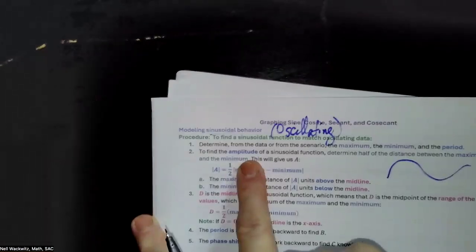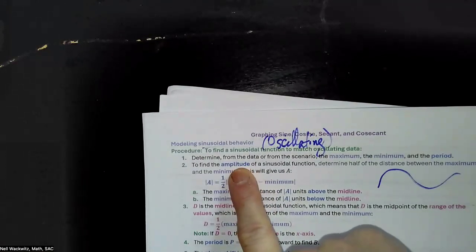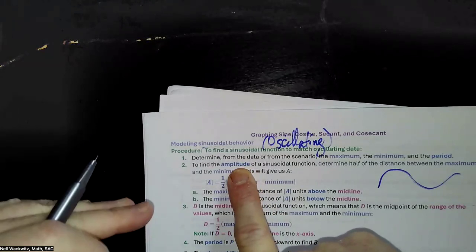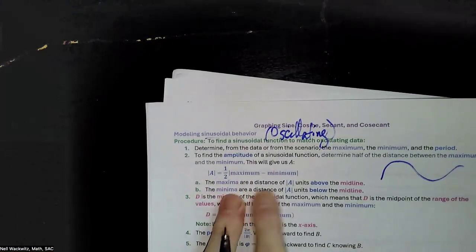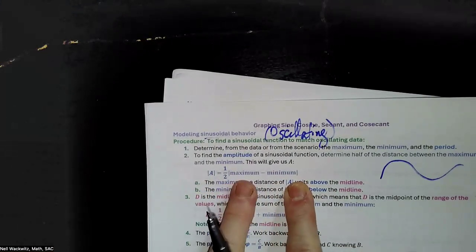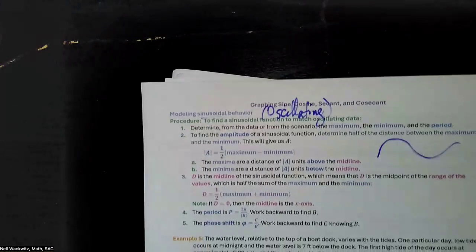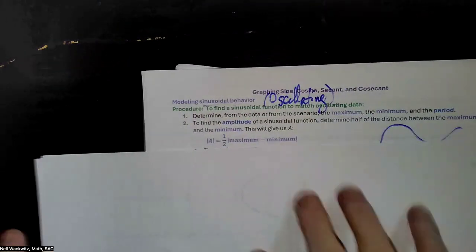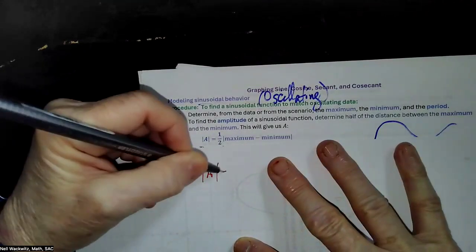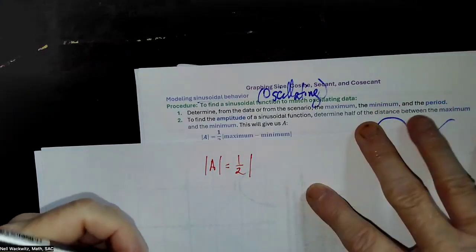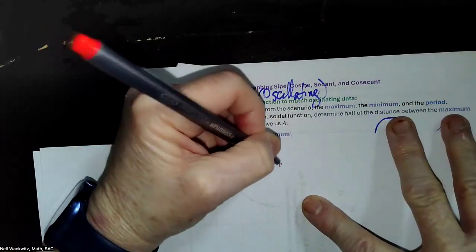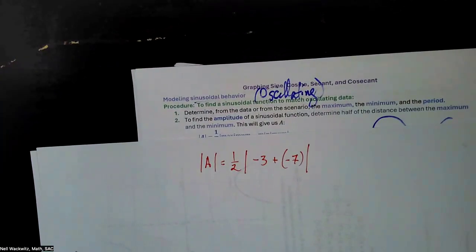To find the amplitude, well, amplitude is how far away from the median line we go, how far up and how far down. So we're going to take 1/2 of the absolute value of the max minus the min. And that will give us A. So the absolute value of A is 1/2 of the absolute value of -3 minus -7.